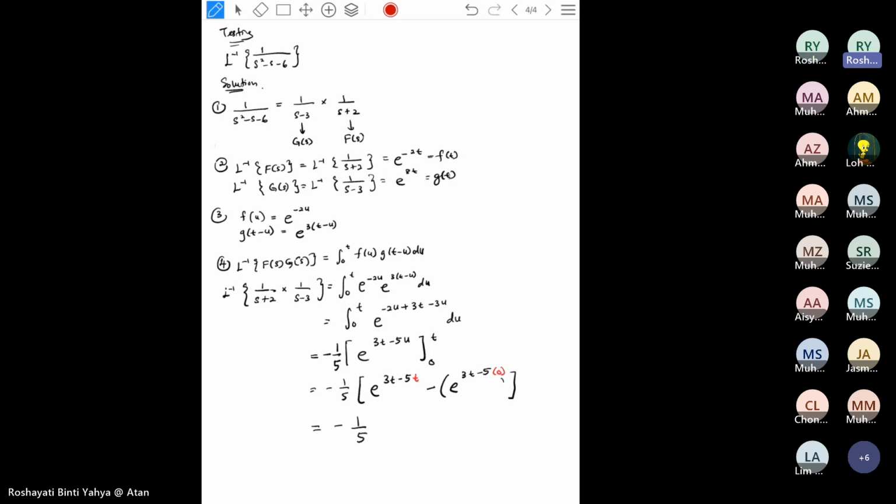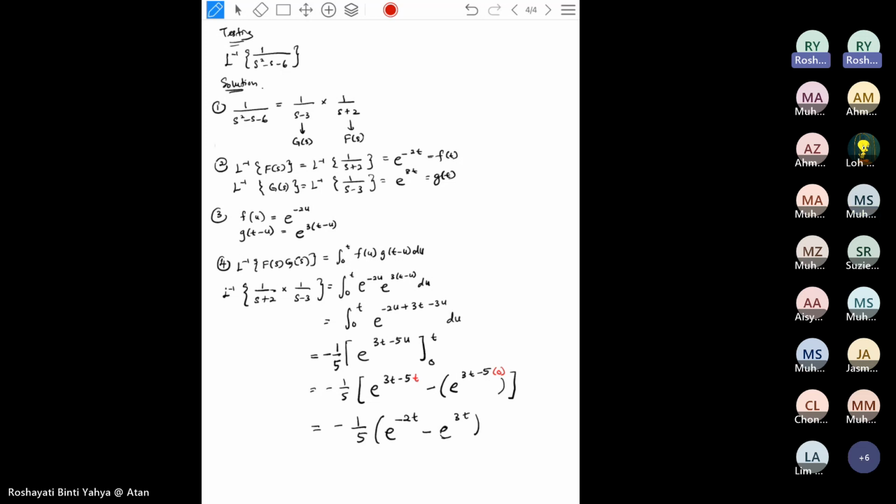Okay, so exponential negative 2t minus exponential 3t. Okay, you get the same answer?